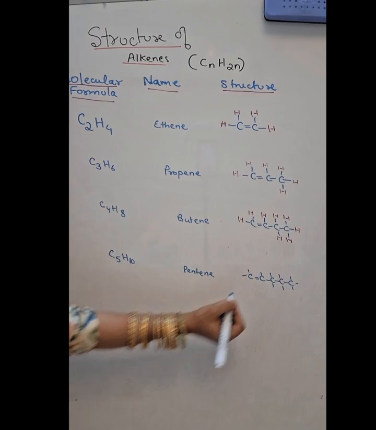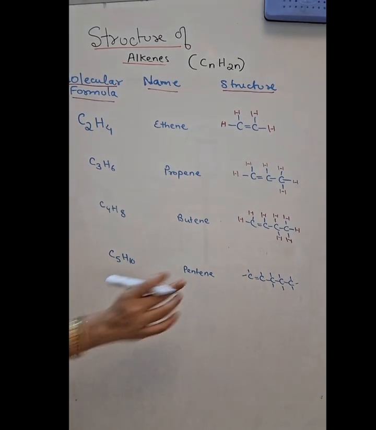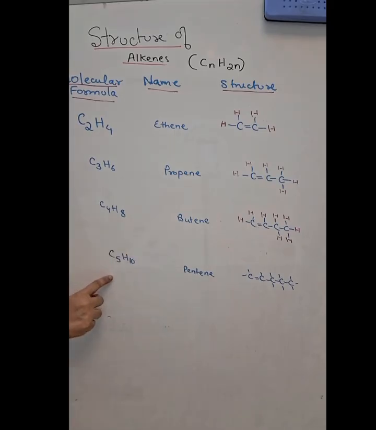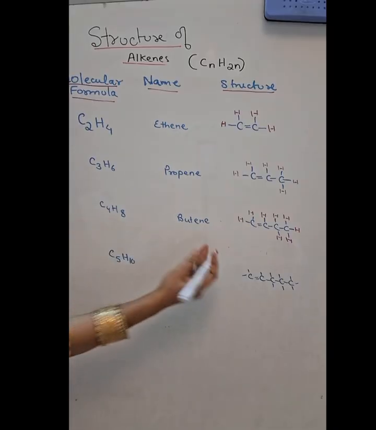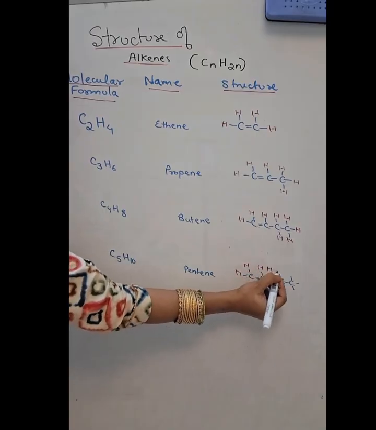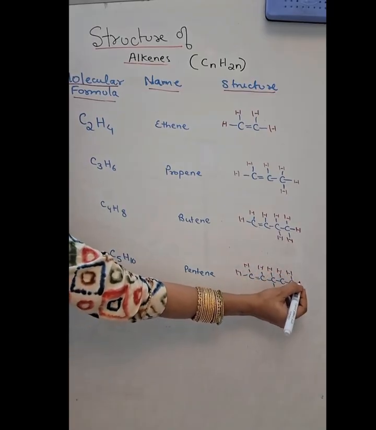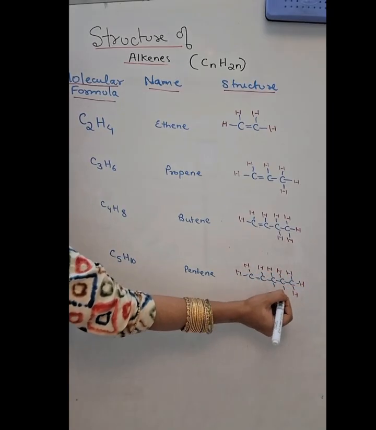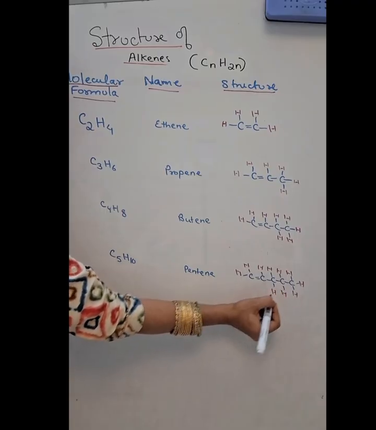The mistake children generally make is in counting. If you do not count properly, then the molecular formula will not match your structure. So when you are drawing the structure, just count the bonds. The bonds cannot be more than 4. The bonds cannot be more than 4.